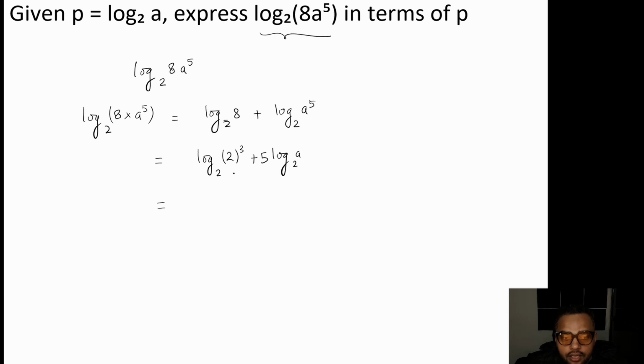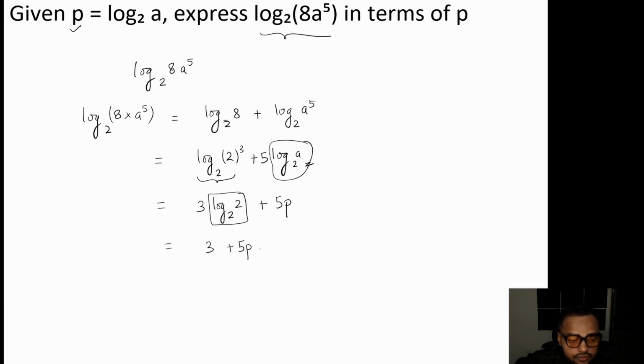Now again, if I calculate it further, in the first term, the power 3 will be outside as a multiplier, reverse of power law, so it will be 3 log 2 base 2 plus 5 log a base 2. Now this part, they have given as p in the question, so we can write 5p. And this we have studied in the special properties, that this value will be 1. So the value here will be 3 plus 5p.